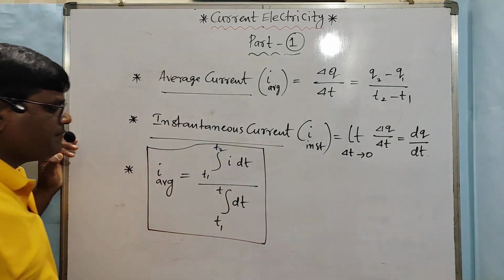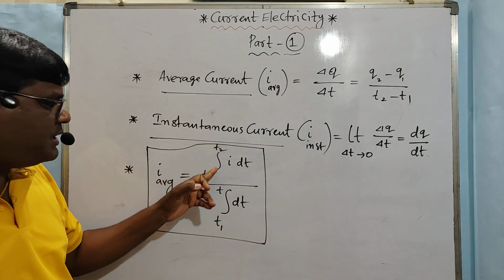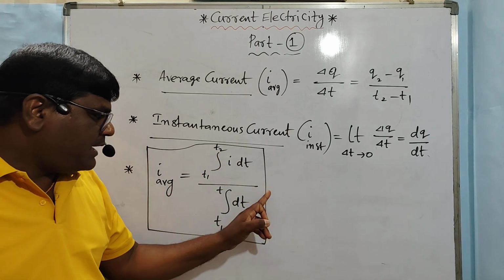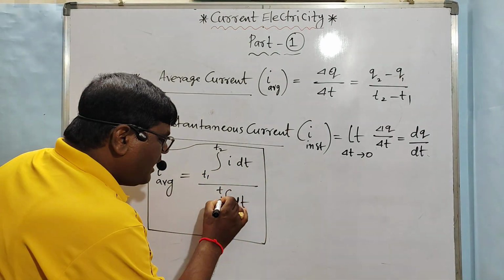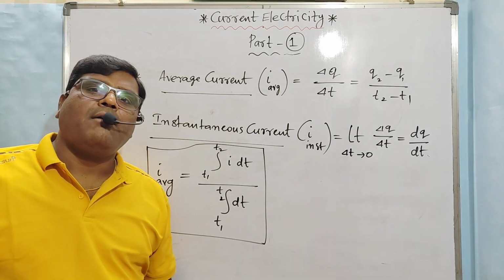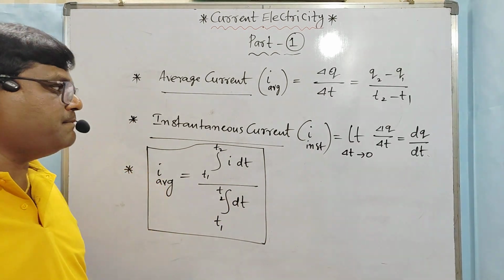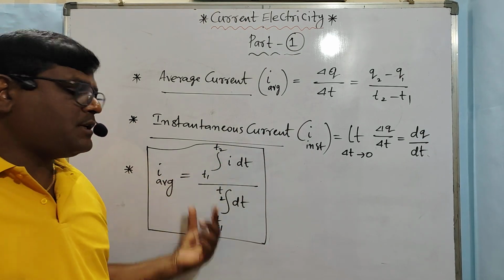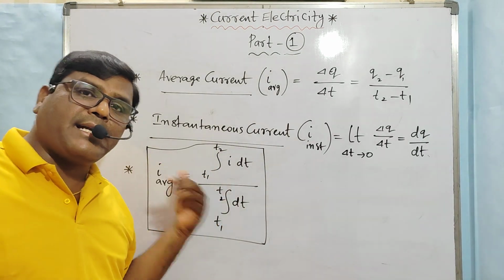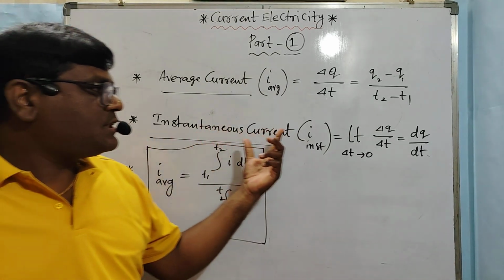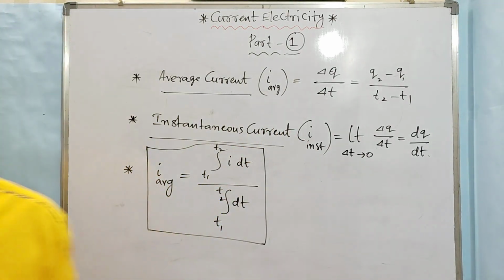I average is equal to the integration from T1 to T2 of I dt divided by the integration from T1 to T2 of dt. Mostly we will use the earlier one, but we will discuss this one in alternating current. So this is the instantaneous current formula. Note it down.